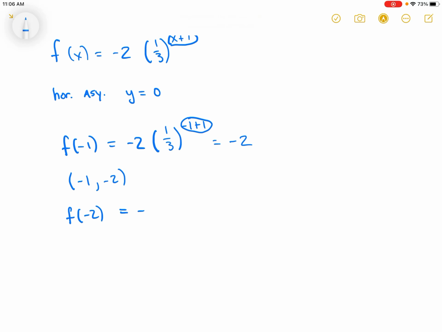So f of -2 is going to be -2 times 1/3 to the -2 plus 1, which is -2 times 1/3 to the -1 power. Remember, with negative exponents, they move to the denominator of a fraction. So that's going to be -2 divided by 1/3, and that's the same as multiplying by 3. And so we get -6. So our other point is (-2, -6).